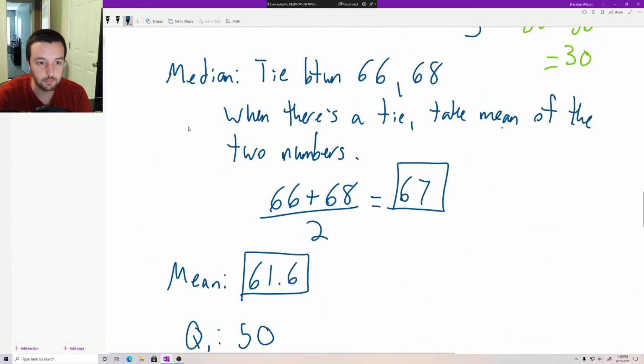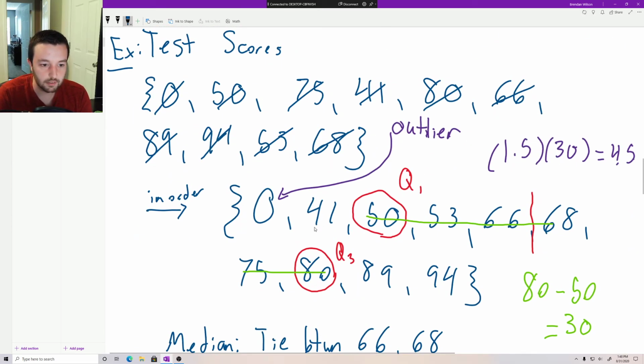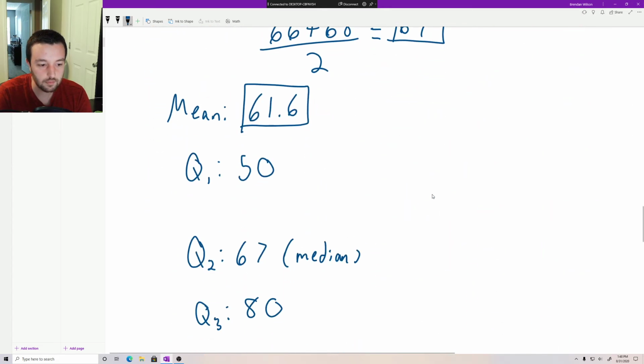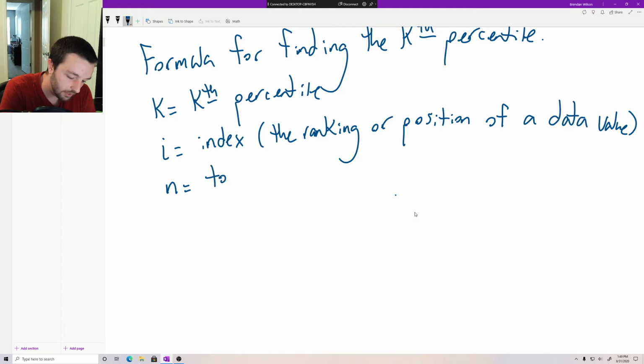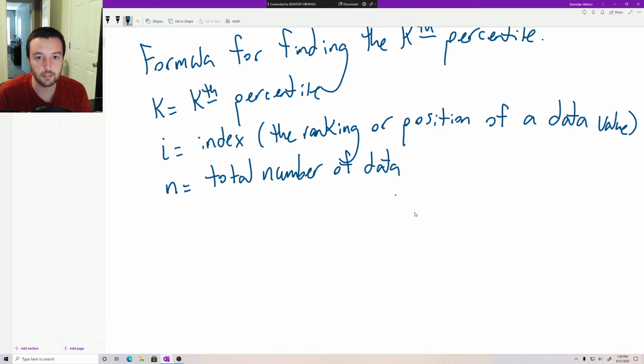So up here, for example, for talking about the number 41, I would be 2 because it's the second value when we put it in order. Okay. N equals the total number of data. So how many numbers do we have, right? So in our test scores example, N would have been 10 because we had 10 numbers.